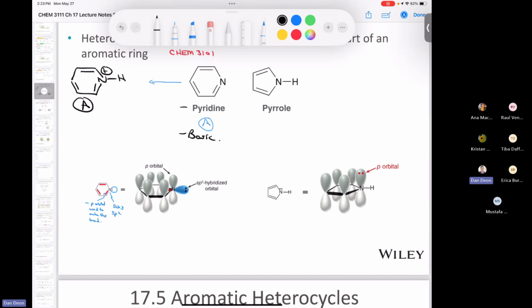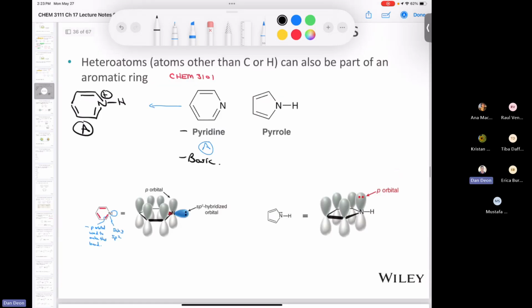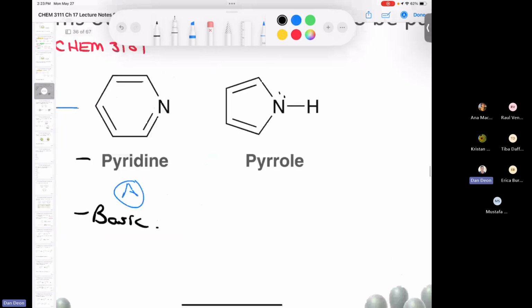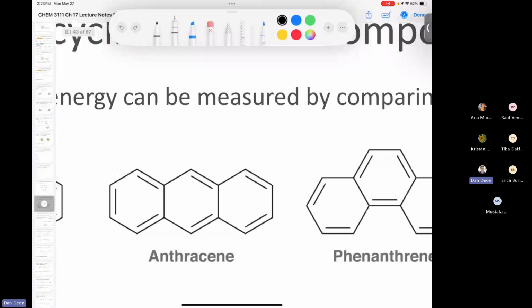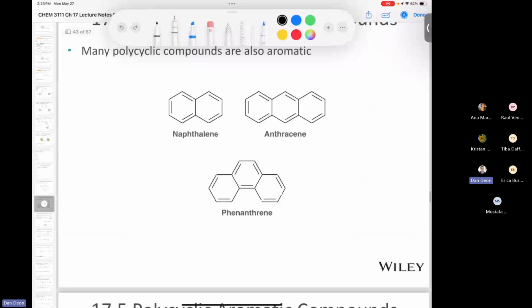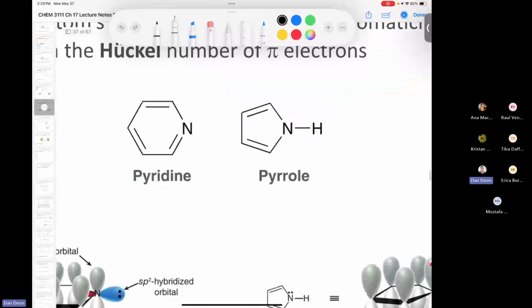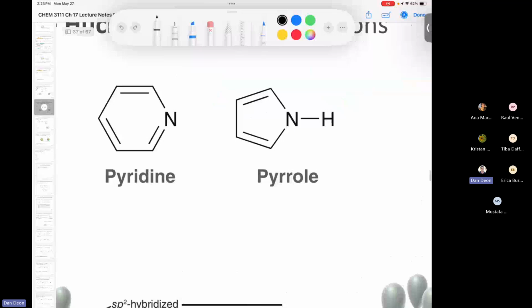Whereas pyrrole, on the other hand, it turns out that the lone pair on this nitrogen is in a p orbital. Why would this be in a p orbital? You probably look at this initially and say, well, that nitrogen has a steric number equal to 4, therefore it's sp3 hybridized. Well, it turns out that's not true.